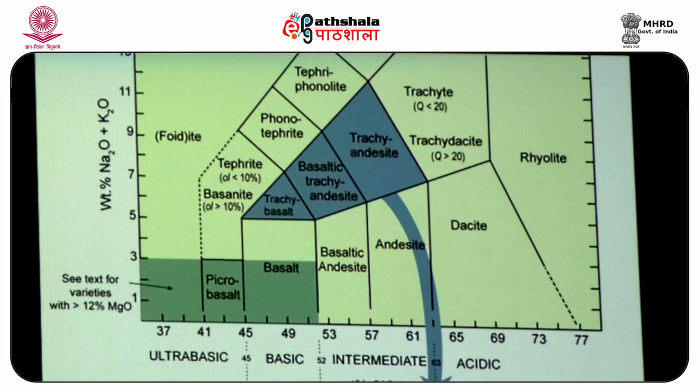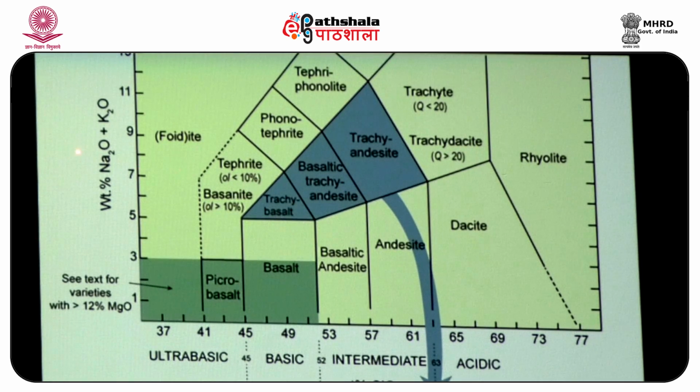So now you can see again that if you look at this line, above this line we have rocks which are known as alkaline rocks, which have more alkali, and are also called silica undersaturated rocks, as we have seen in the earlier classification.